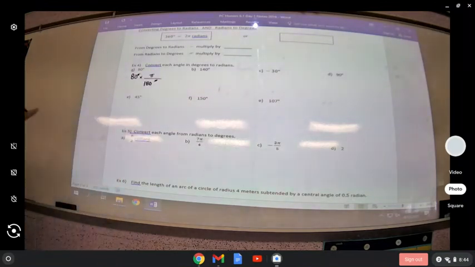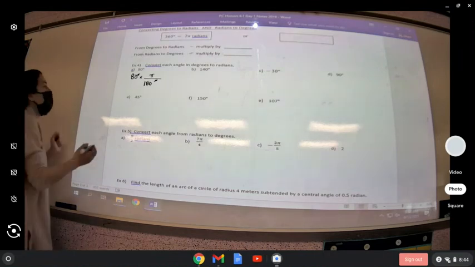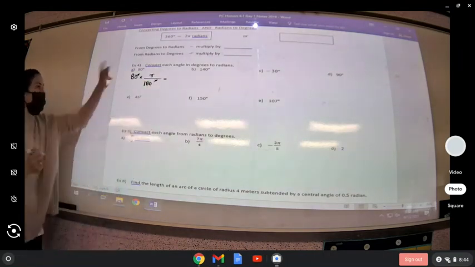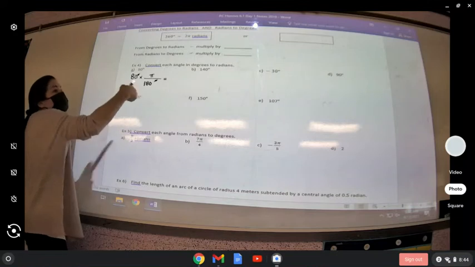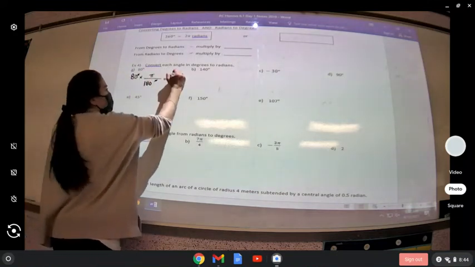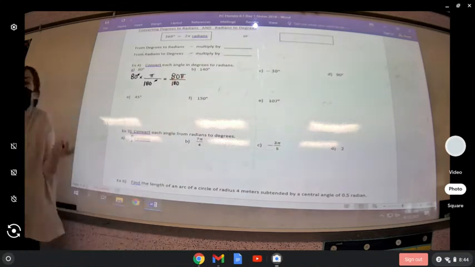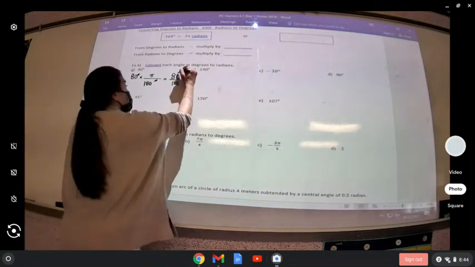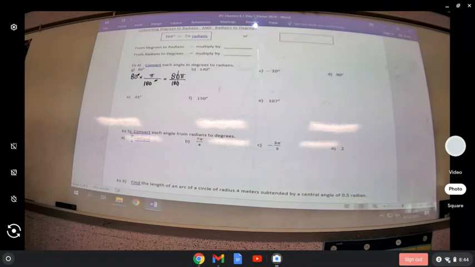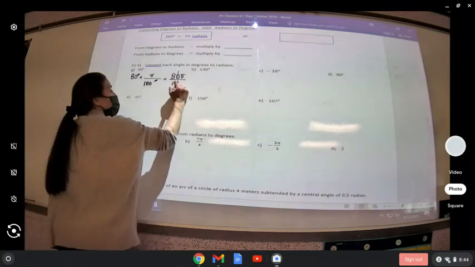Just always remember you want your unit to cancel. So now my degrees cancel. My conversion in radians is 80 times pi over 180. And then you just reduce. My zeros cancel. 8 over 18, 2 goes into both. It's 4 pi over 9.